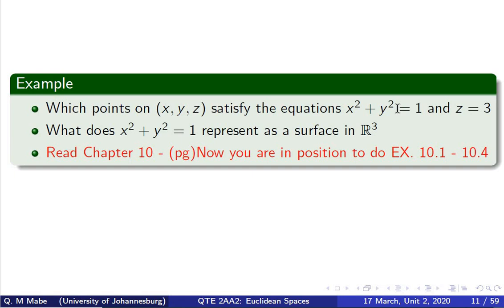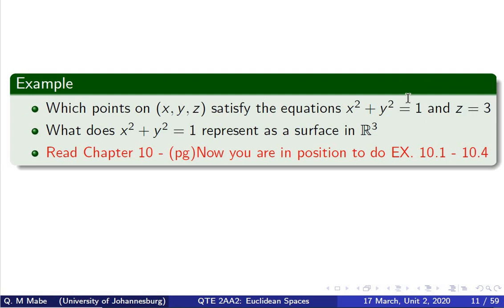For instance, x squared plus y squared is equal to 1 just corresponds to a circle in R2. That is a circle that's centered at 0 with radius 1. And when z is equal to 3, it means that we need to move our circle upwards until z is equal to 3.